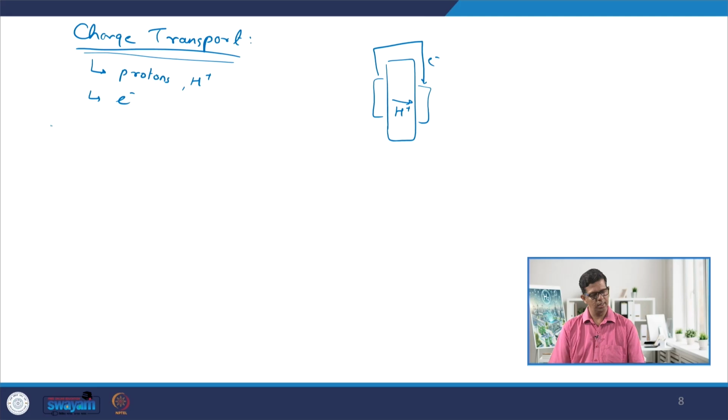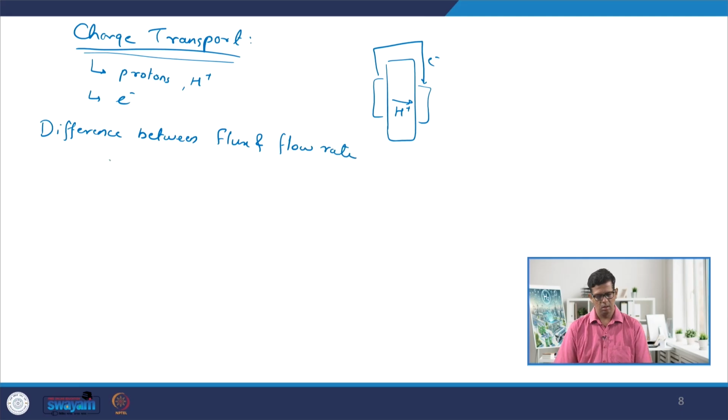First of all, let us understand the difference between flux and flow rate, because we will be using this flux in upcoming discussions. Basically, flux is nothing but flow rate per unit area.